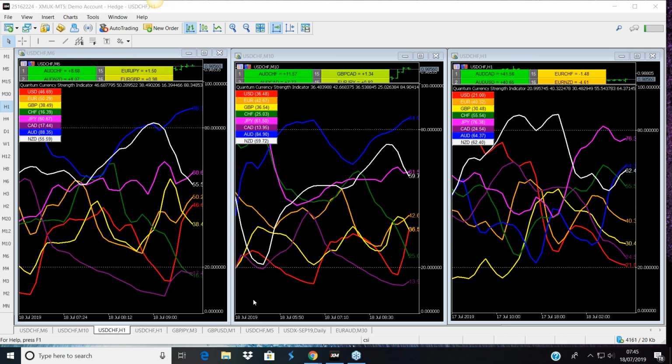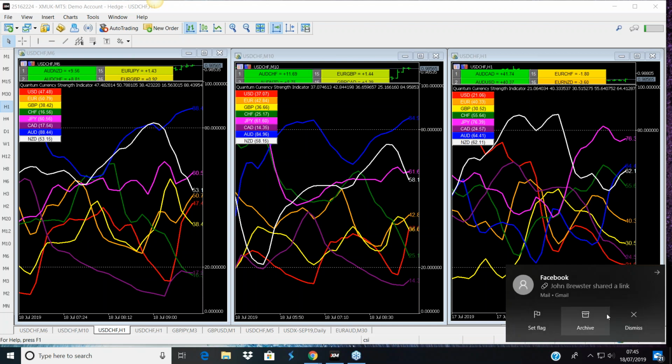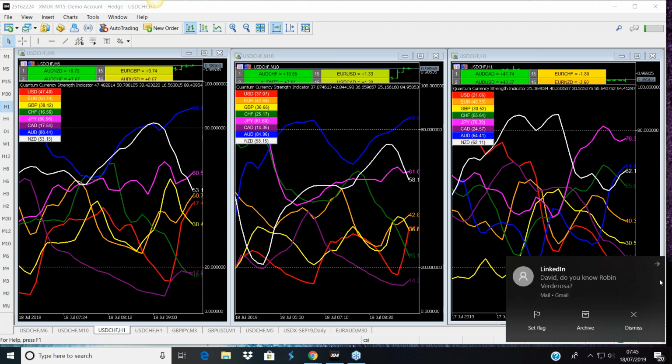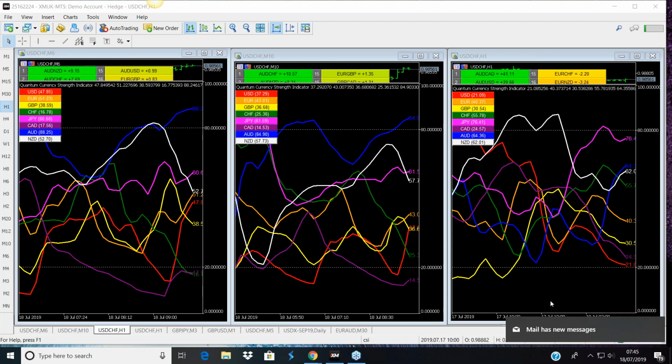Now, as a trader, when we look at something like this, and we can see a currency that's being bought very strongly and one that is being sold very strongly, our initial thought is that this is obviously a chart that bears further investigation.